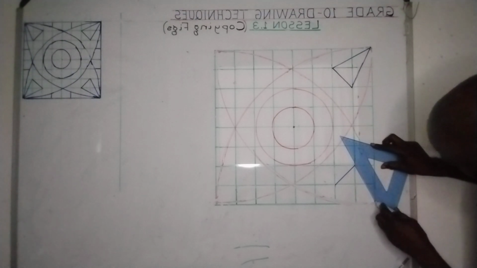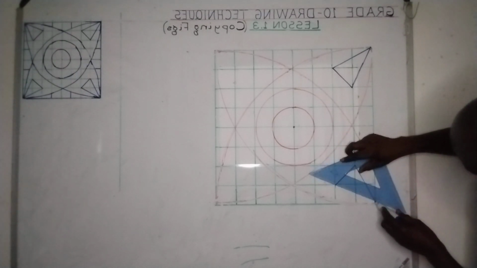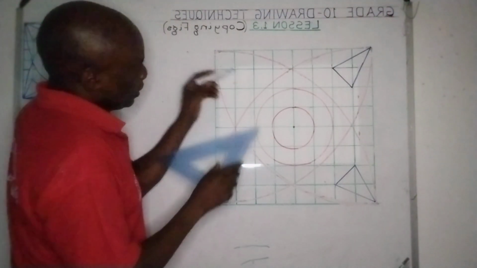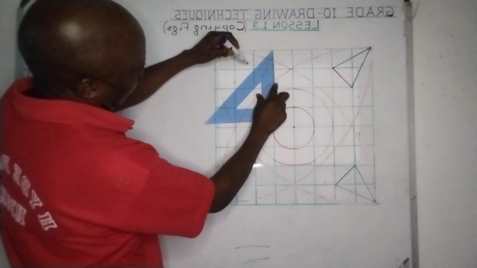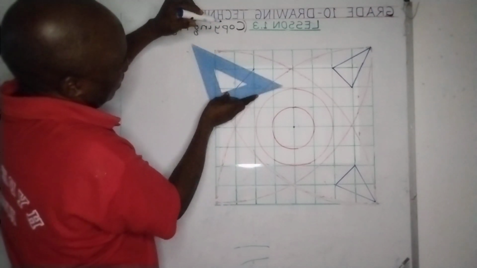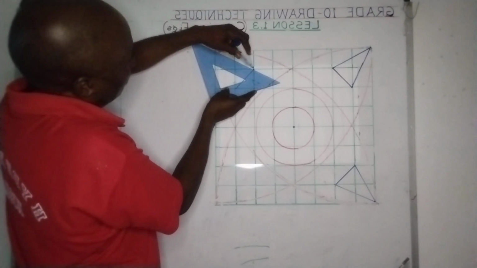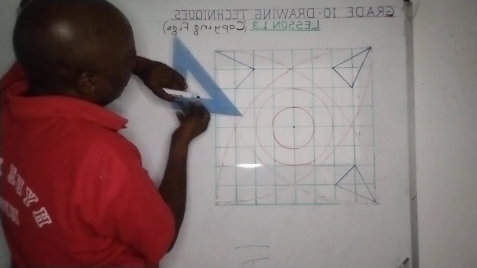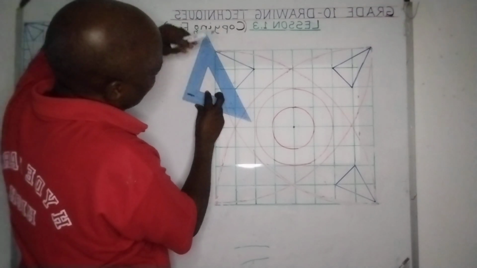Coming to this one, 1, 2. Then at this corner, 1, 2.